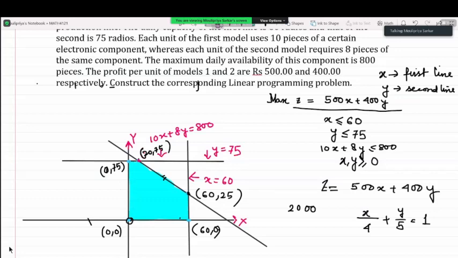It would somewhat be like this. So this is actually our profit line.